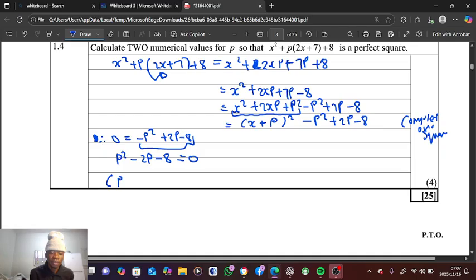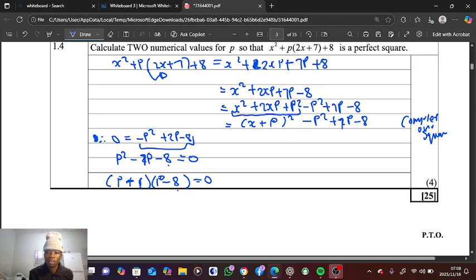So here we can factorize this by saying, by the factors of 8, which is 8 and 1, we can say it must be p plus 1 multiplied by p minus 8 is equal to 0. Remember that if we say 1 multiplied by negative 8, it's going to give us what? Negative 8. And when we say this is 7p, sorry, this is 7p.